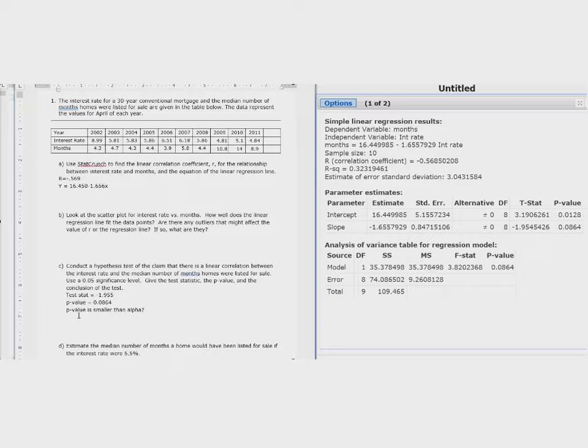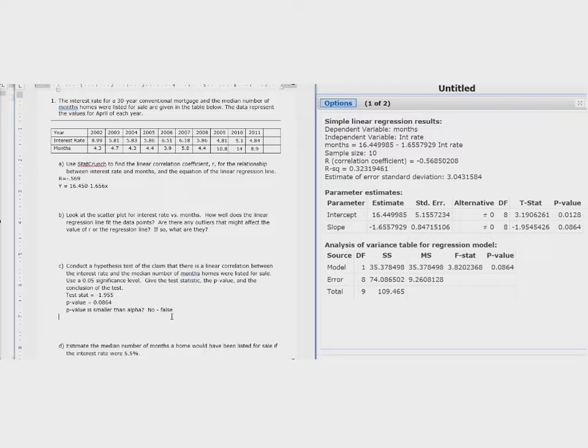If it is, then we have a positive conclusion. If it isn't, we have a negative conclusion. For this one, if we compare our p-value, which is 0.0864, and our significance level, the p-value is actually bigger. So the answer to this is no, or it's false.